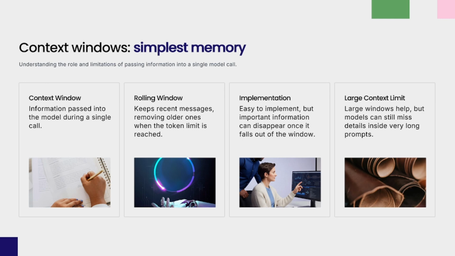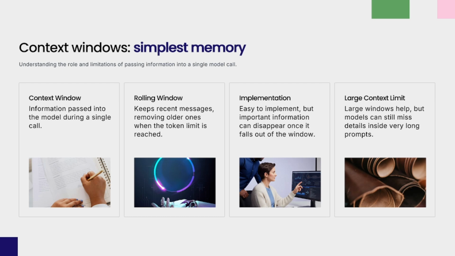Implementation. So contexts are very easy to implement, but important information can disappear once it falls out of the window. So if important information falls out of the window, for example in a rolling window, you can no longer retrieve it. So they are easy to implement, but you must be very careful how you program them.